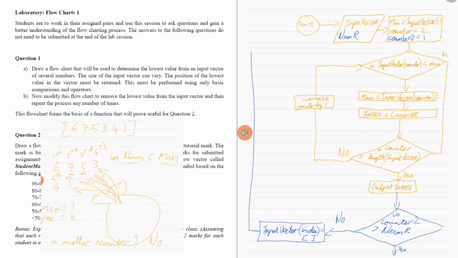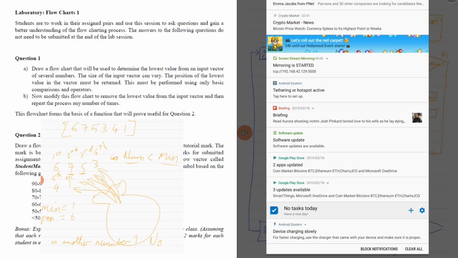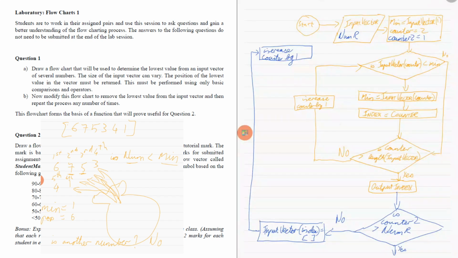Okay, so in order for our loop to run, we need to increase the value of our counter variable. So we increase counter 2 in this case by 1, and we loop back in to the start of our previous flowchart code after the initialization.